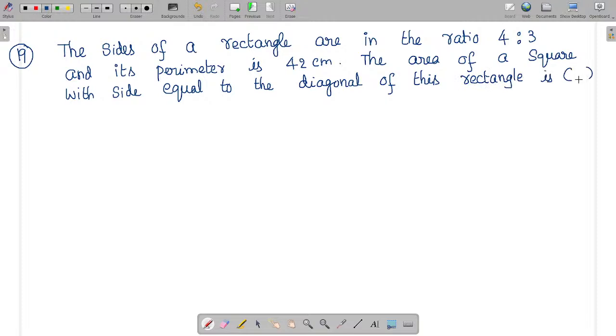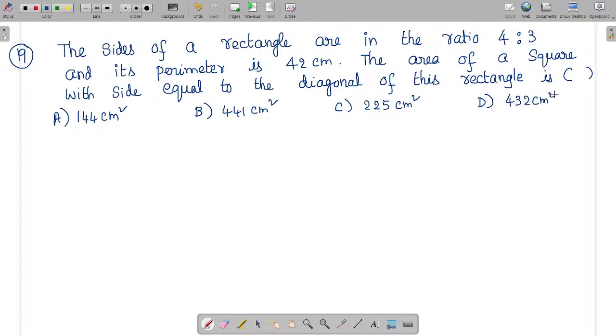First of all, note down the question, read the question carefully and try to understand it. Option A is 144 centimeter square. Option B is 441 centimeter square. Option C is 225 centimeter square. Option D is 432 centimeter square.